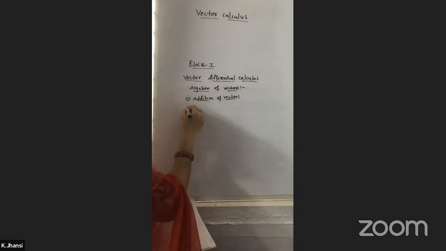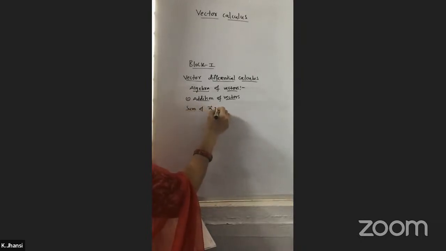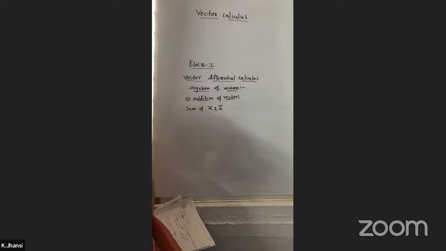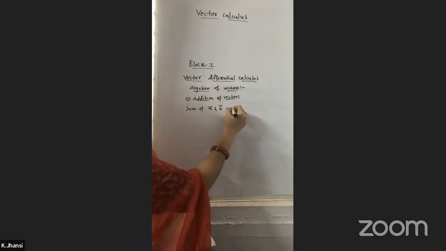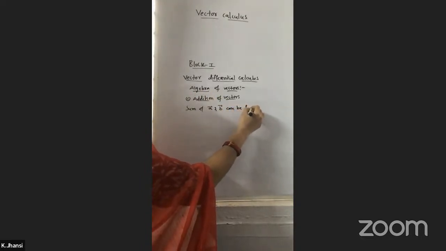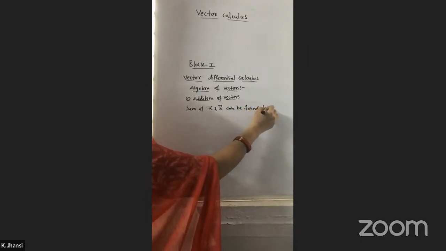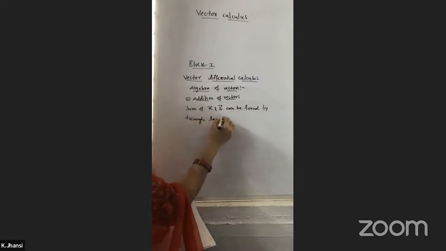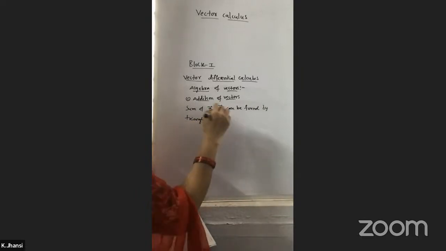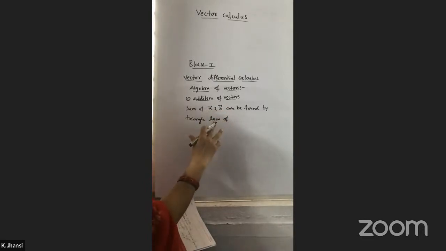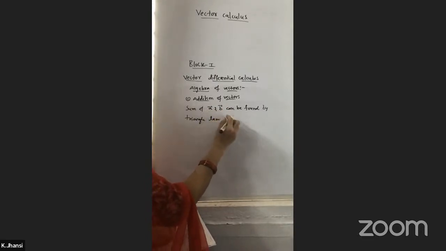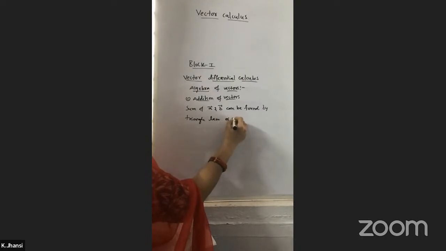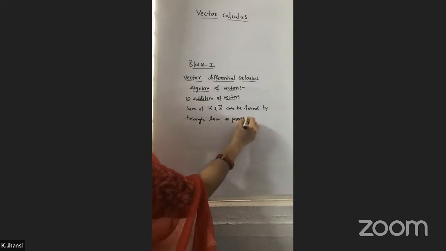So the sum of vector A and vector B can be found by the triangle law or the parallelogram law.